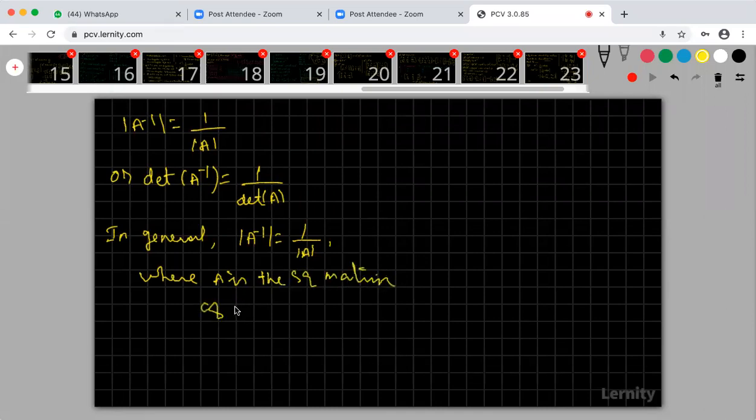For any square matrix, the determinant of A inverse is equal to 1 by determinant of A.